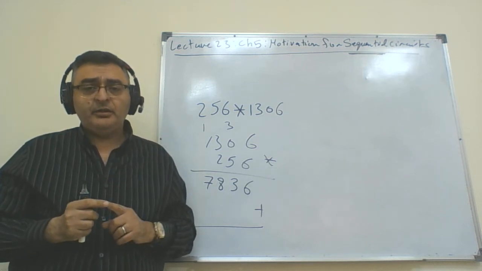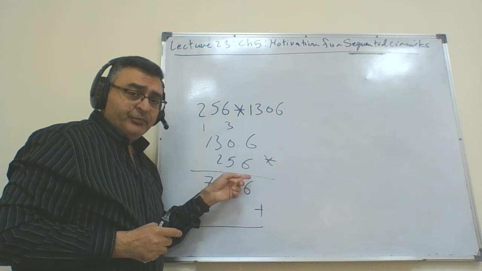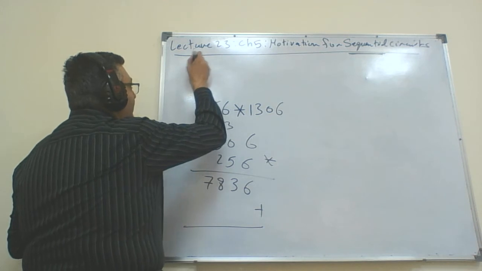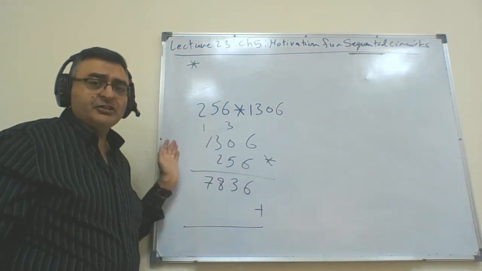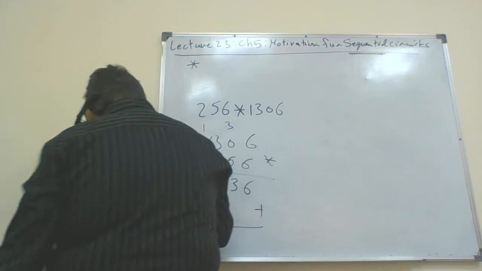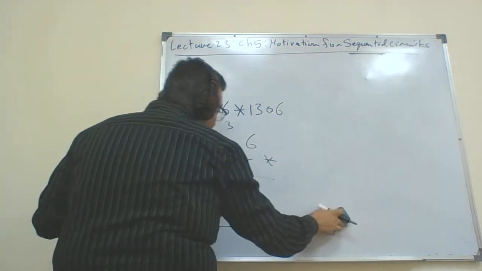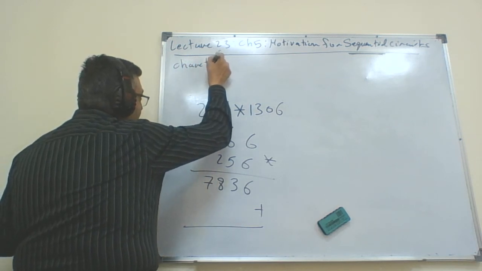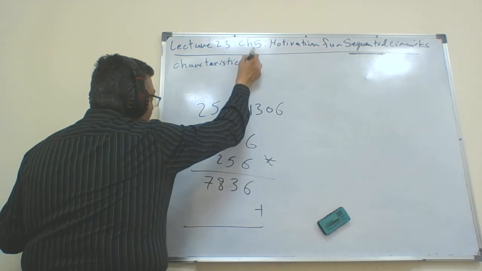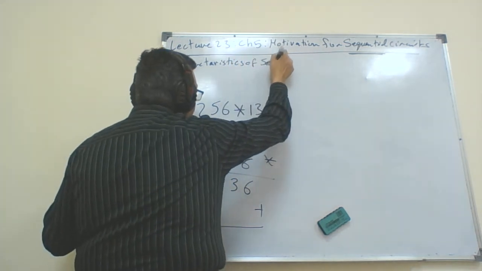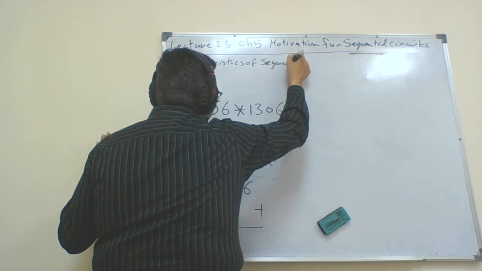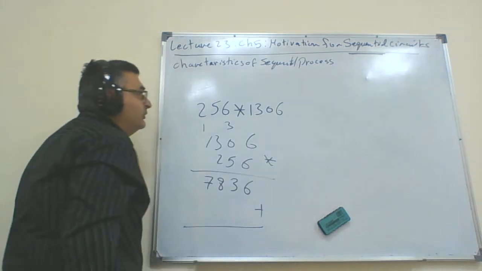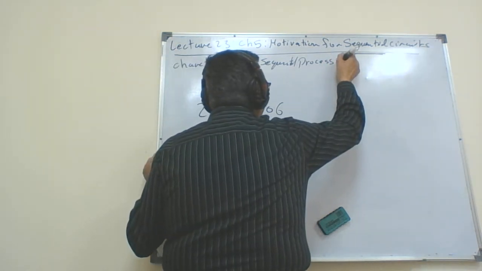This is one thing. The other thing is that I need to have a memory. And the first characteristic, let's write here the characteristics of sequential processing or sequential circuits.